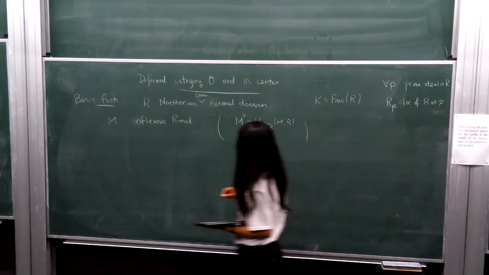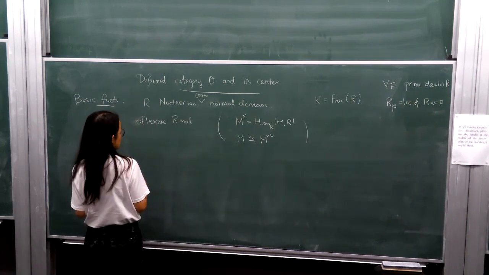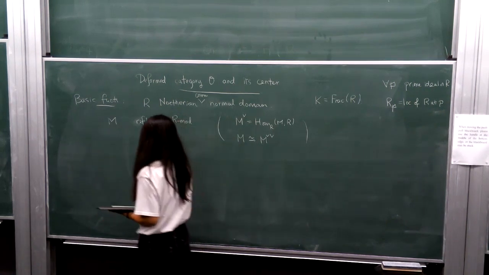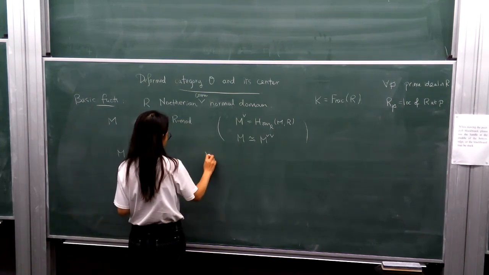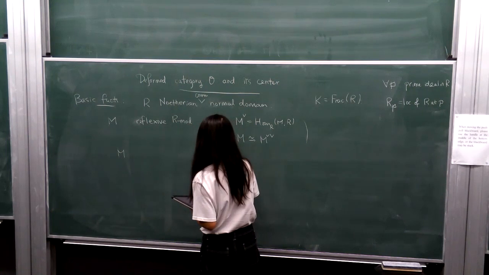If M is reflexive, then it's torsion free, so it embeds into its localization to K.